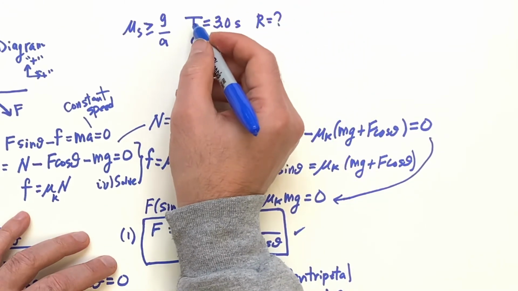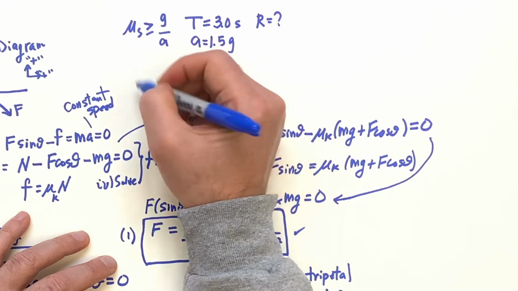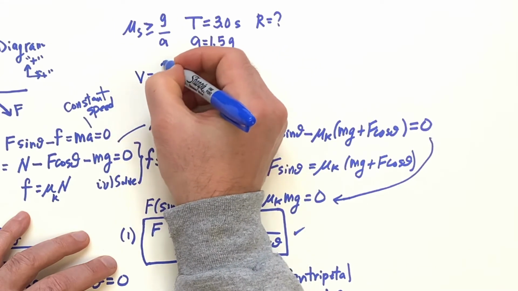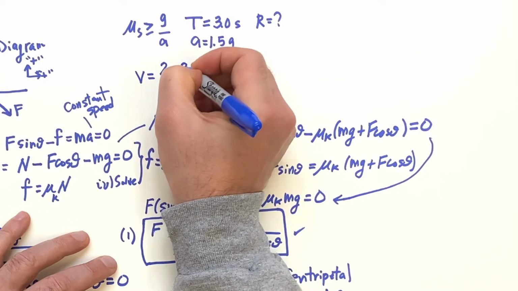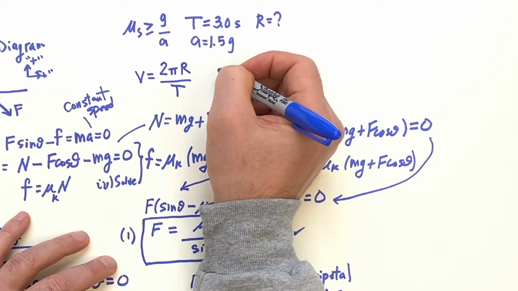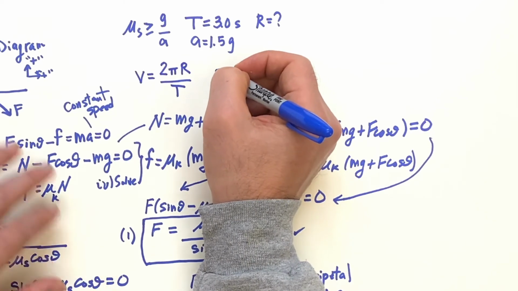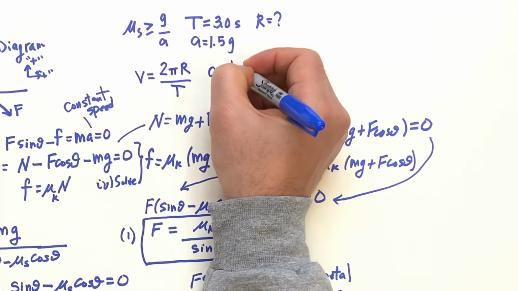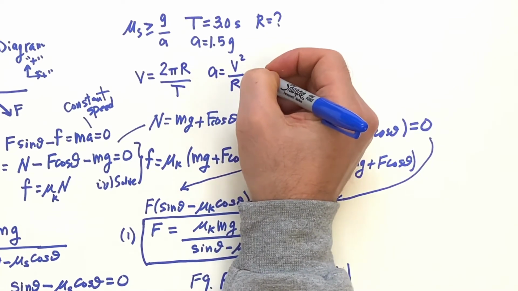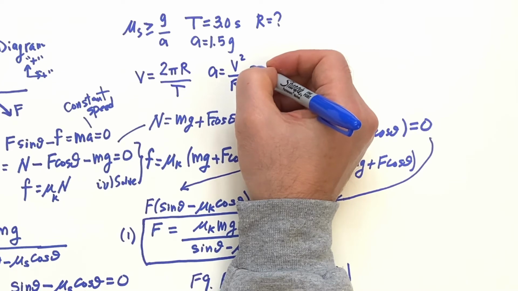So now to get the period, that's called the period, how long it takes to go around once. Remember that the velocity is 2 pi radius, that's your circumference, over the period. So that's how you figure that out. So when you look at the acceleration, you want this V squared over R. So this gives you your parameters, your equations to work with.